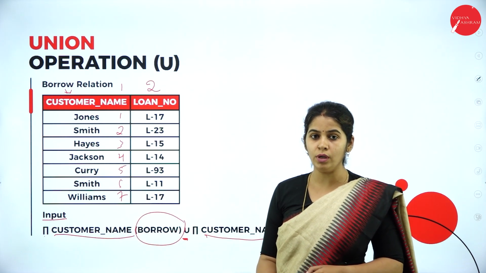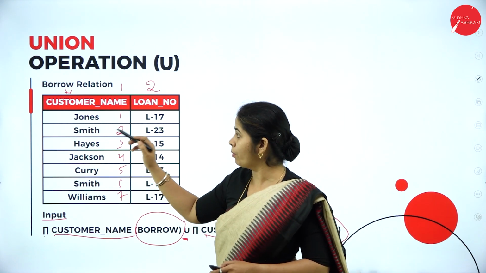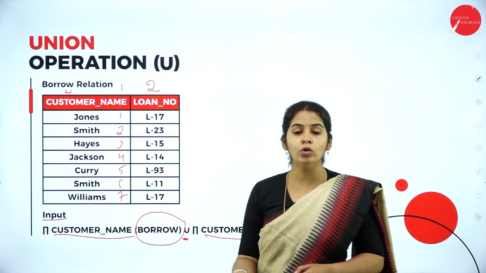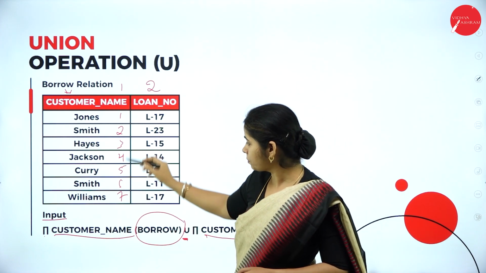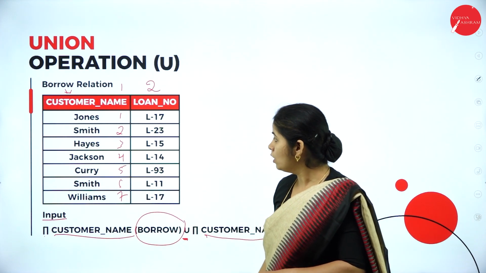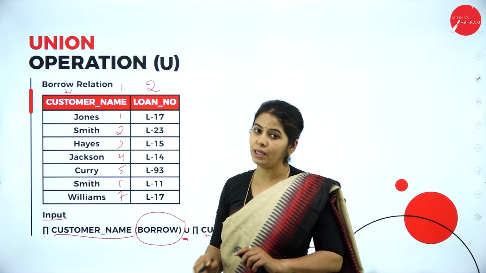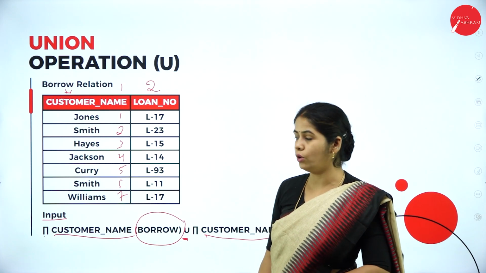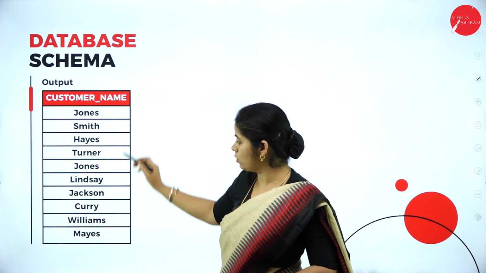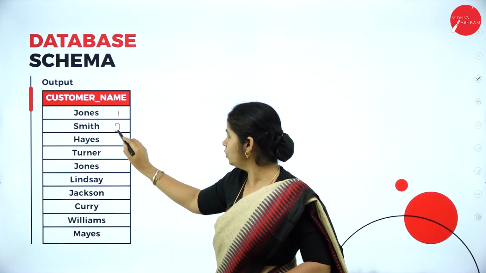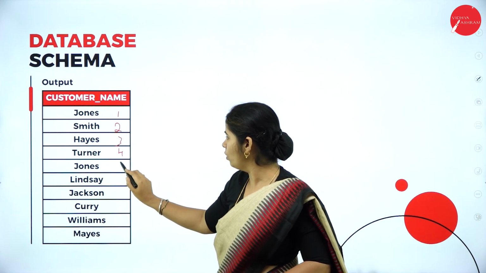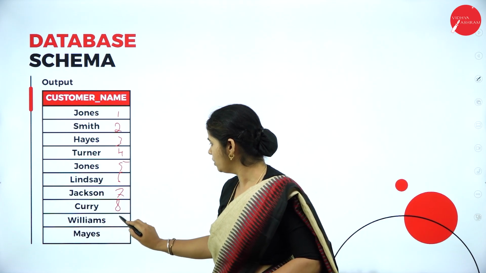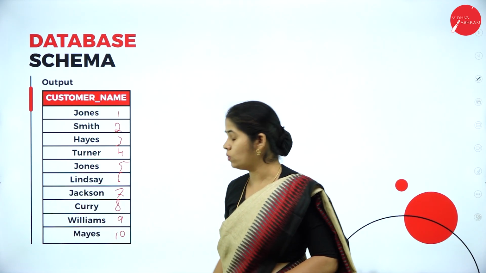What should be the output? We are supposed to project only the customer name column from both tables. Here 7, there 7. Whichever are common will be kept as they are, and whichever are new will be added as extra rows. So how many rows do we have? 1, 2, 3, 4, 5, 6, 7, 8, 9 and 10 rows.